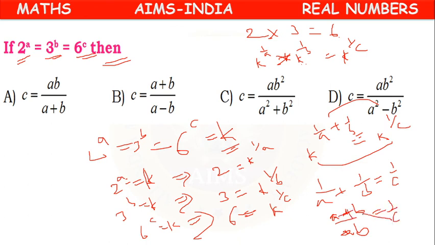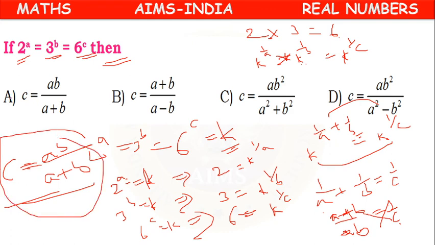Then c goes to this side and ab comes to the other side. So c equals ab by a plus b. So option A is correct. c equals ab by a plus b.